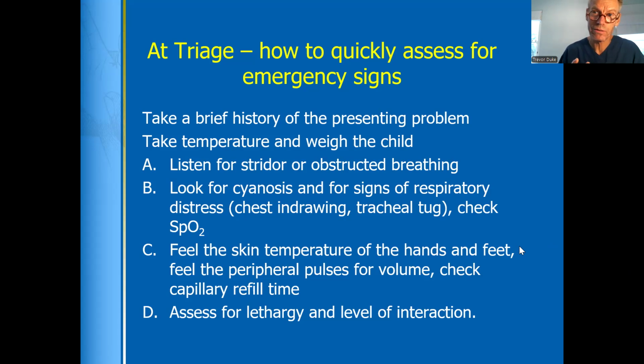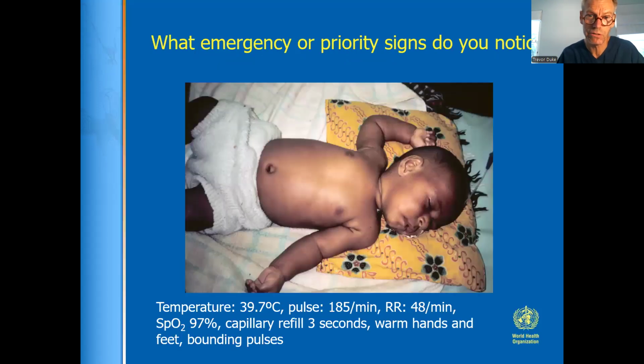You can do it that way, or you can stimulate the child and see if they rouse to voice, or if they're alert, or if they're unresponsive. So making that assessment will help you identify emergency signs. And again, if you've got a child who's got emergency signs, then you need to do something about it, generally speaking.